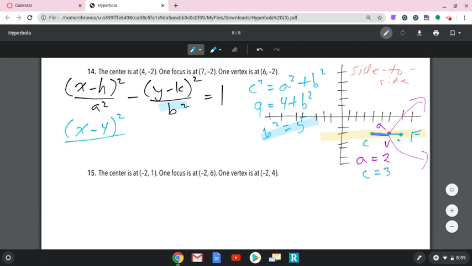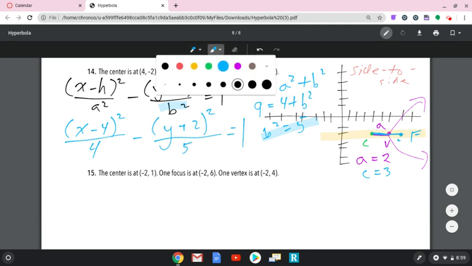Well, a is 2, so a squared is 4. Y minus k, which is y minus negative 2, so it's (y plus 2) squared over b squared, which we just found is 5, and that would be equivalent to 1. So this would be my equation in standard form.